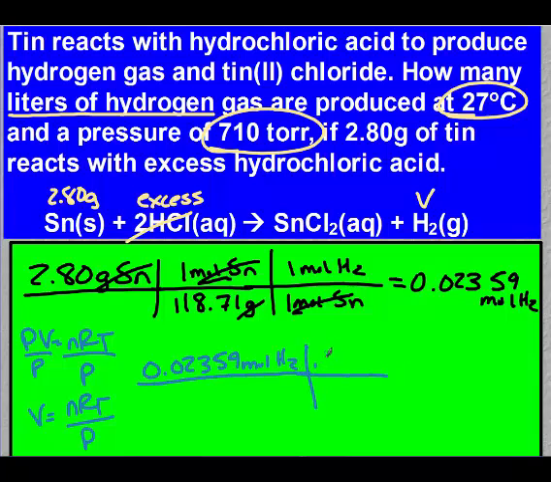My R is a constant. Temperature needs to be in Kelvin. It's not, so 27 plus 273 is 300 Kelvin. And then 710 torr.